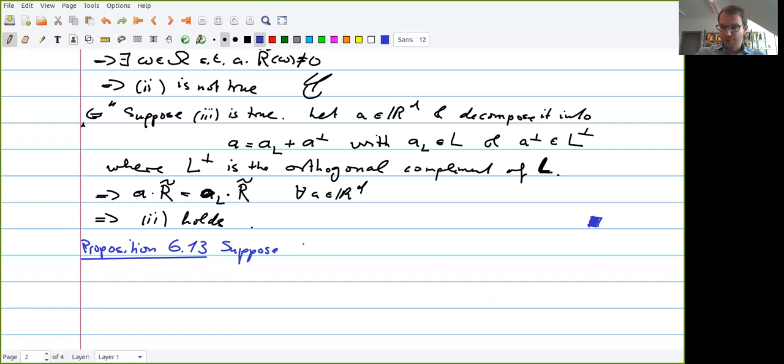We want to come back to our utility maximization problem. So let us first suppose that we have a utility function u, which maps from R to R and is bounded from above.